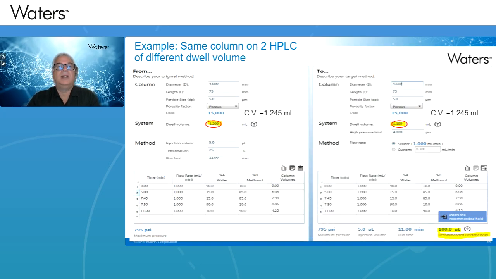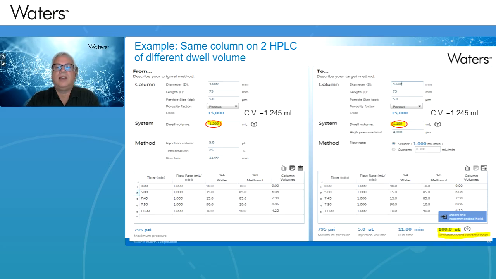I'll give you some examples here. This is a column calculator. So we have here the dwell volume. We have put 1.2 just for fun, 1.1 just to give you an example. And we are using the same column, so it was a 4.6 by 75. This is 1 column volume. It's the same column on the other side, so it will be the same column volume, but I don't have the same system. But you see now that I will need to add 100 microliters to compensate for the difference in dwell volume.